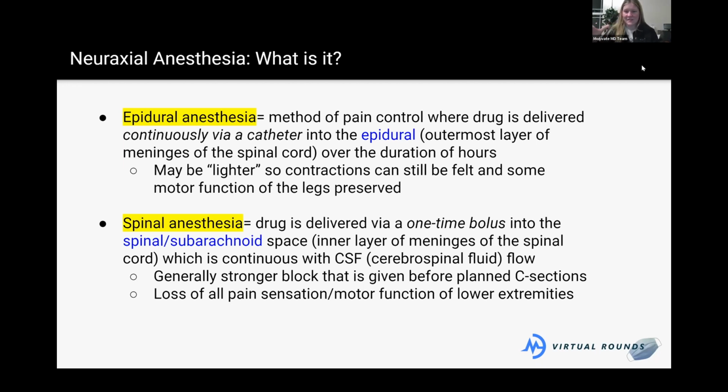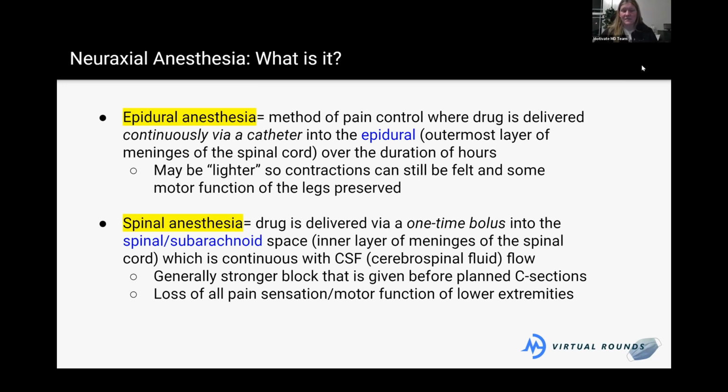But basically, this is the space that is surrounding the outside of the spinal cord. It doesn't enter the outer layer of the meninges. So it's just literally sitting on the outside, like the peel of an orange or the peel of a banana. And it also tends to take longer to set up because it's farther away from the main nerves in the spinal cord.